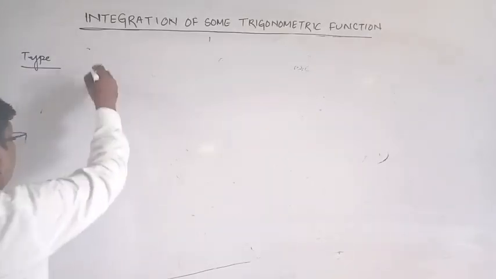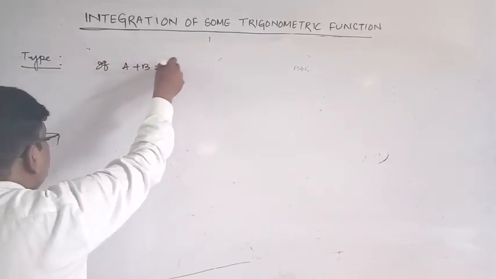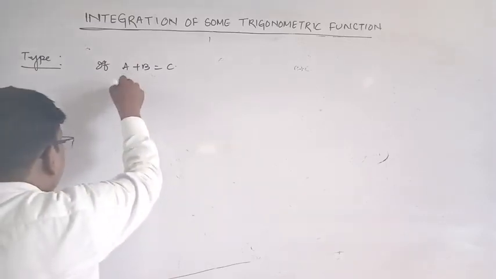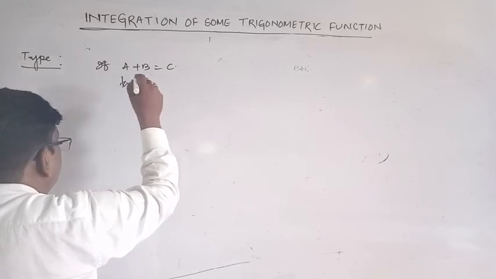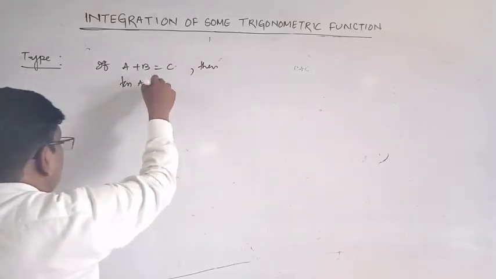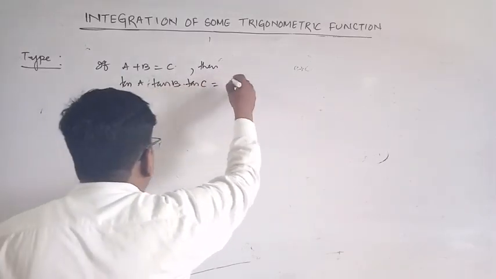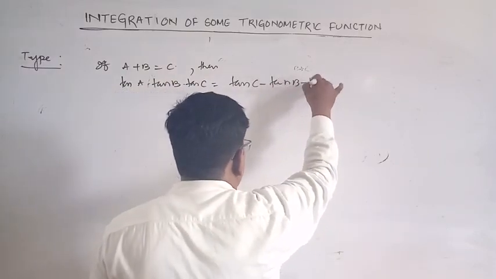Now the type: if a plus b is equal to c, then tan of a plus b is equal to what? Tan a, then tan a into tan b into tan c is equal to tan c minus tan b minus tan a.